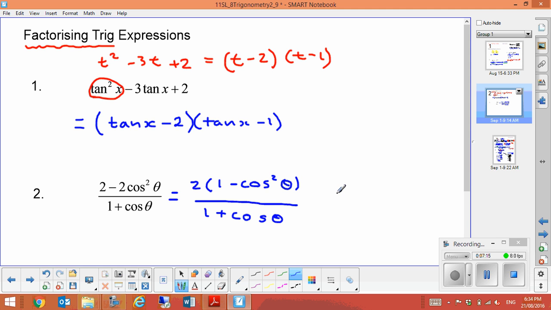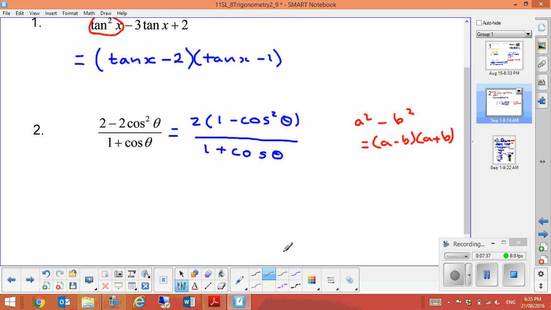You might also recognise this as a squared minus b squared, a difference of squares. So that becomes a minus b, a plus b. Again, we're bringing back in all that factorising of quadratics. You're going to tie your quadratics into every section.